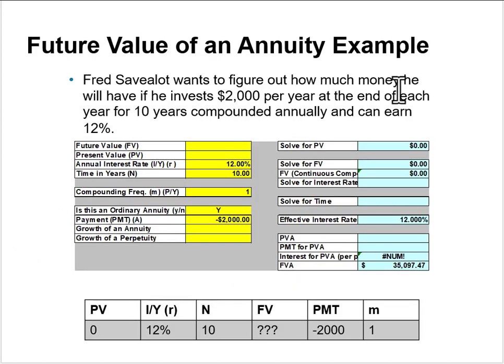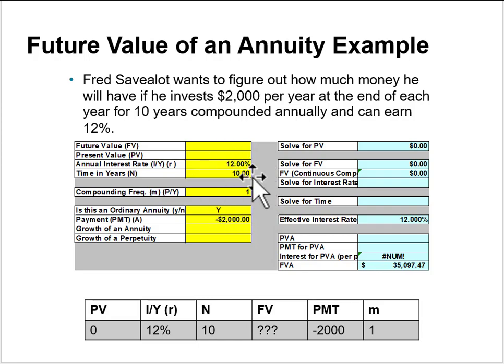So here's an example. We want to save some money. We're going to invest $2,000 a year at the end of each year for 10 years. Compounded annually, we can earn 12%. So now we're going to start to incorporate the payments down here. The payment that you're going to make, we're investing $2,000, so it's a negative $2,000. 12% is the interest, time is 10.